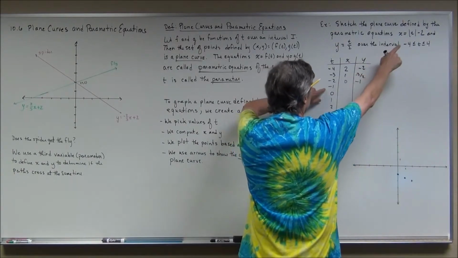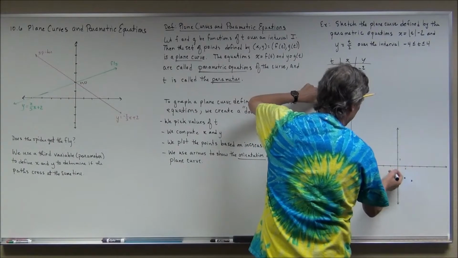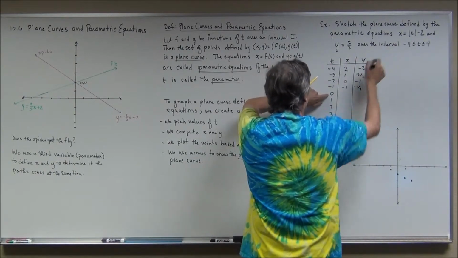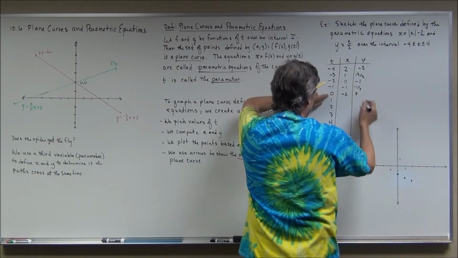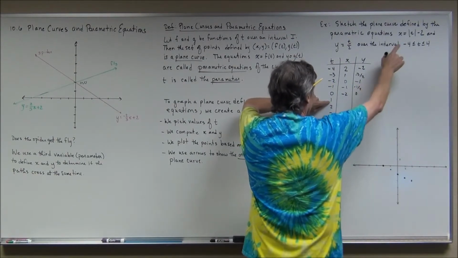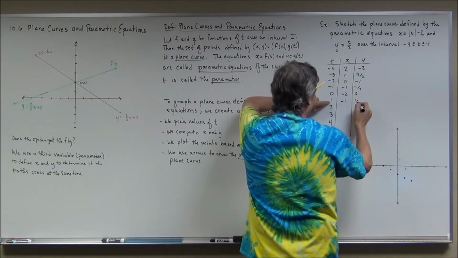-1 now would give me a -1 and gives me -1/2. Negative 1, negative 1/2. Let's see if I can do a better job with this one. Then if I plug in 0, I get negative 2 and I get 0. That's easy enough. If I plug in 1, absolute value of 1 is 1 minus 2 is negative 1, and I get 1/2.